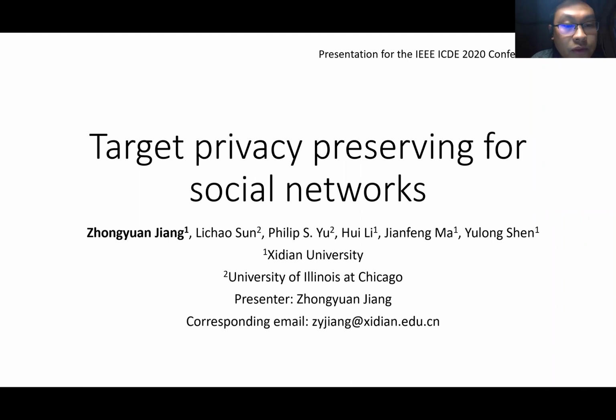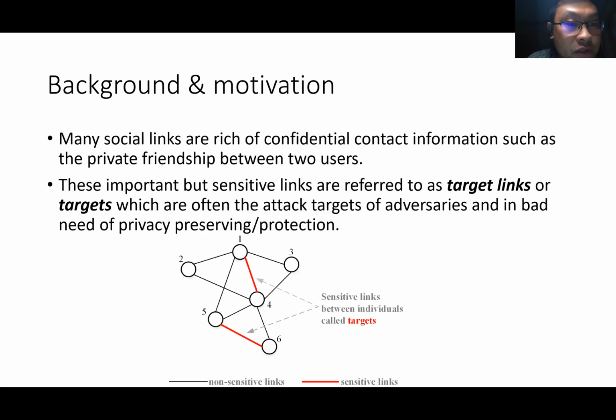I am glad to introduce our topic, target privacy preserving for social networks. As you know, social networks are ubiquitous around us, such as Facebook, Twitter, and WeChat in China. There are lots of social networks, but many of them are rich in confidential information, such as private friendship between two users.